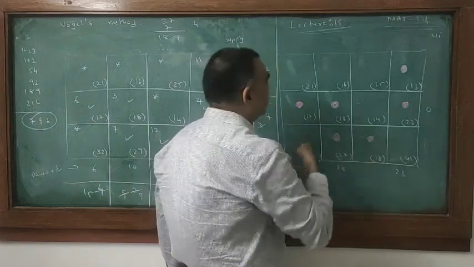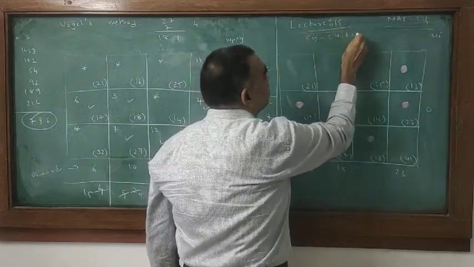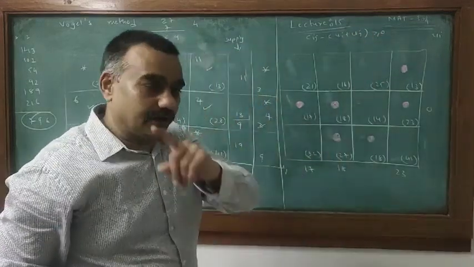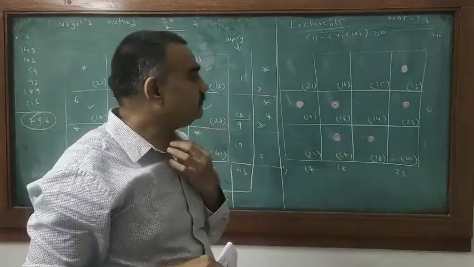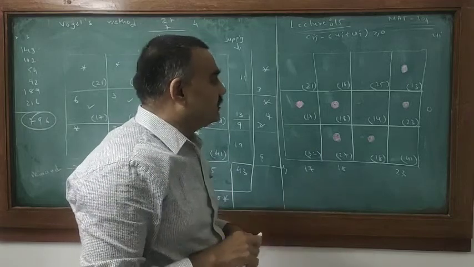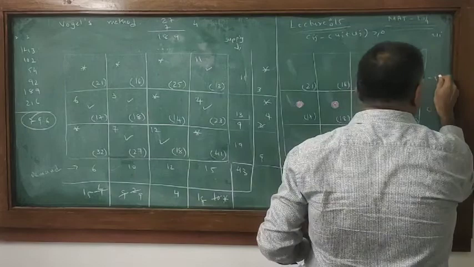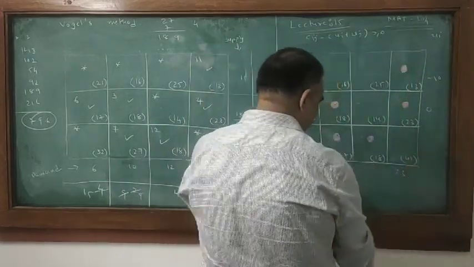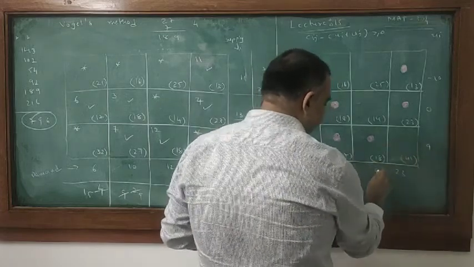Otherwise, if there is no dot, then we have to calculate Cij minus (Ui plus Vj). We have an optimal solution whenever this is greater than or equal to 0. If it is 23, then it is minus 10 here. If it is 18, it should be 9, and due to that it is 9.